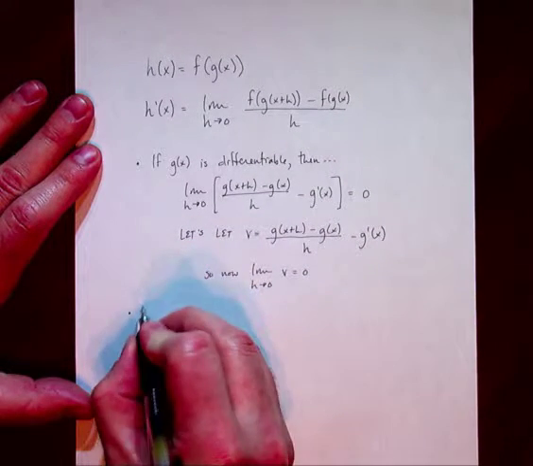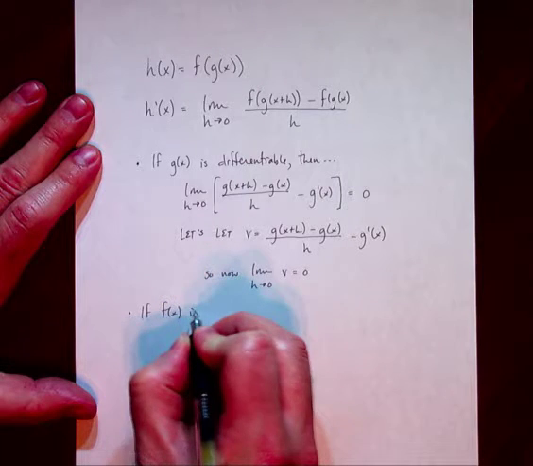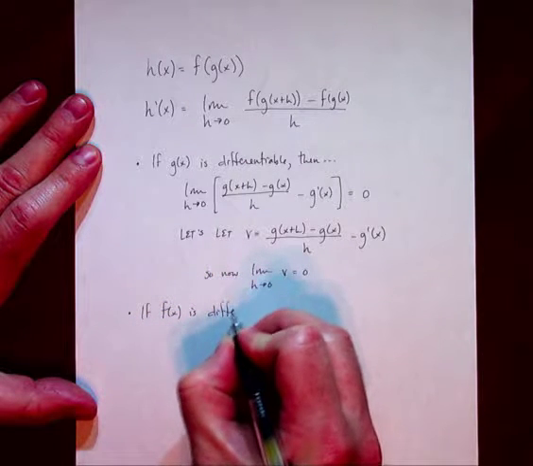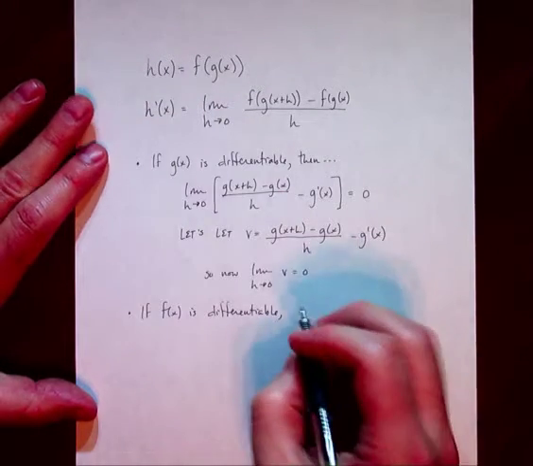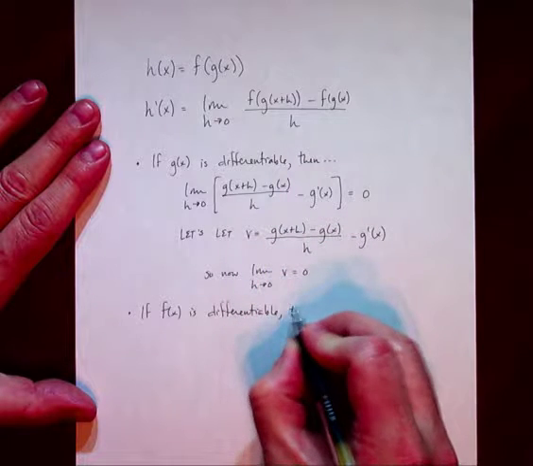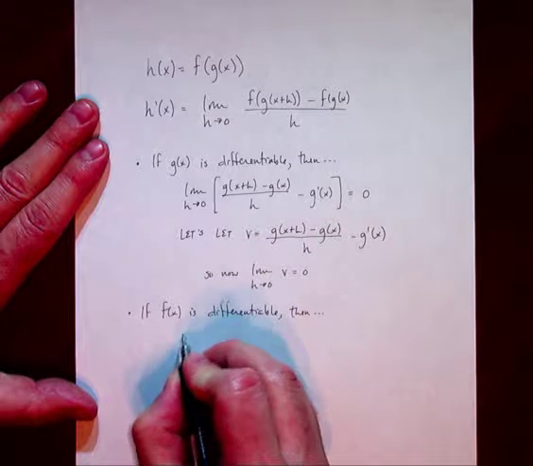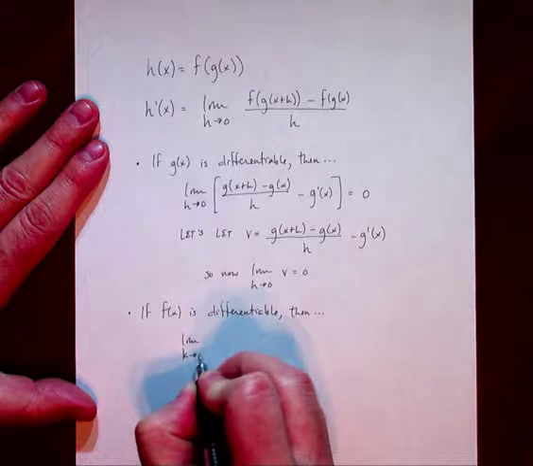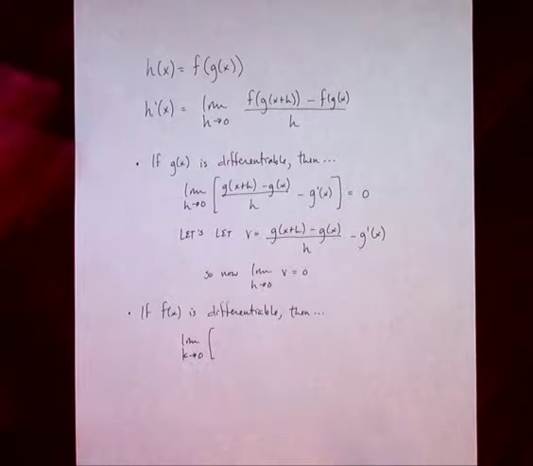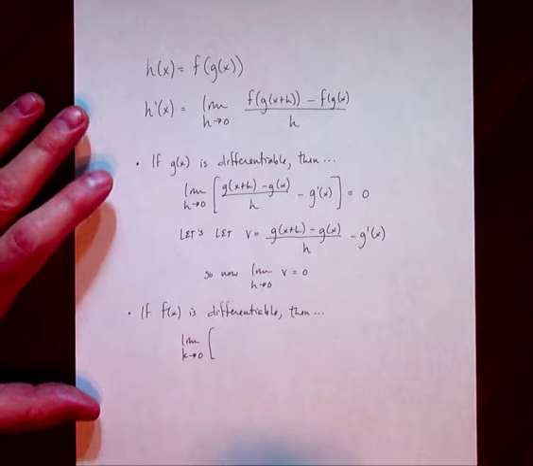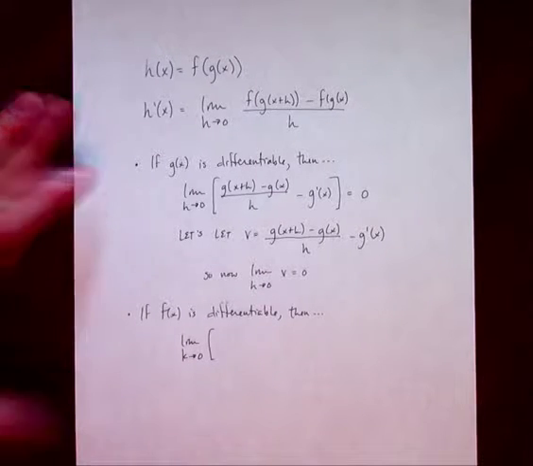Let's talk about f. If f of x is differentiable, and in order for h prime to exist, then it must be, then the limit as k approaches 0, and we're using k instead of h because remember that the output for g winds up being the input for f, so we're trying to distinguish between the quantities of x and y and h.